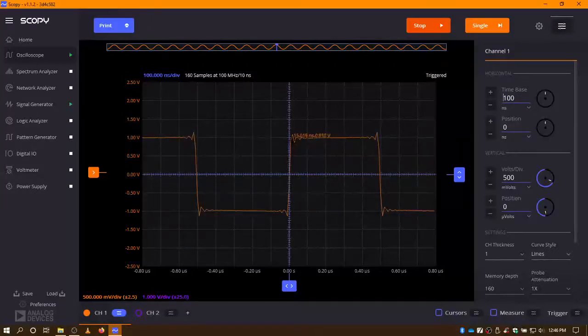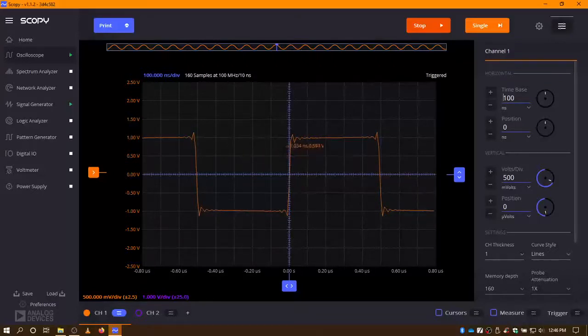And if you look closely, you'll see ringing here on the signal. This is where the bandwidth of the oscilloscope comes into play. And in this case, we also have to deal with the bandwidth of the signal generator.